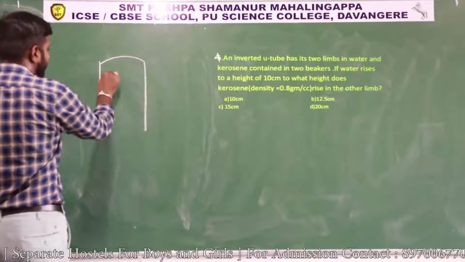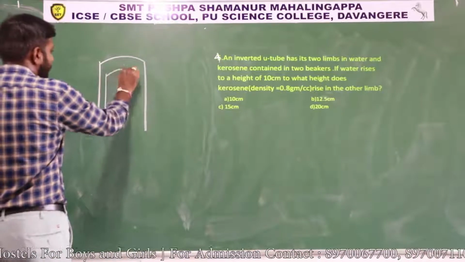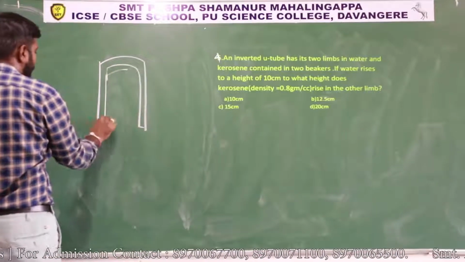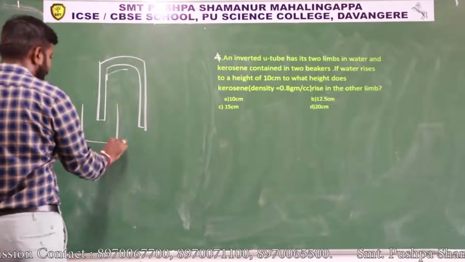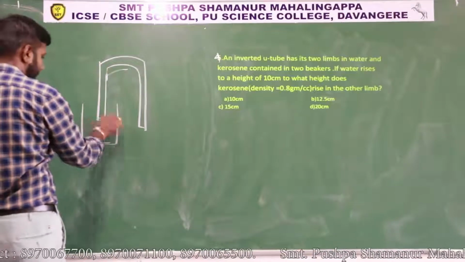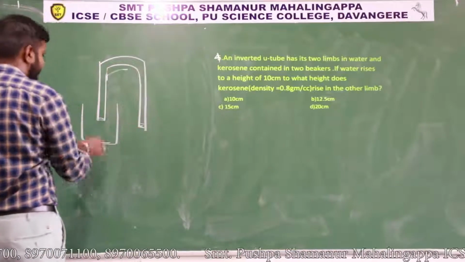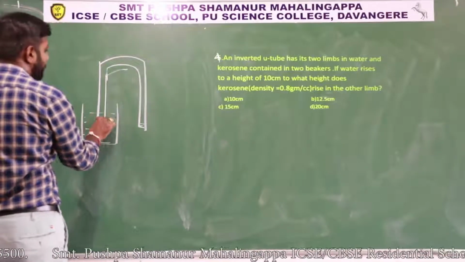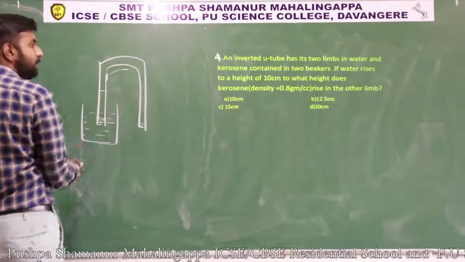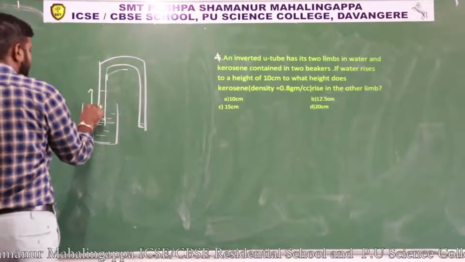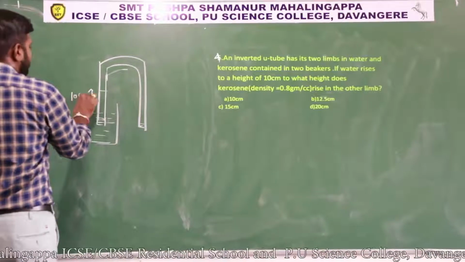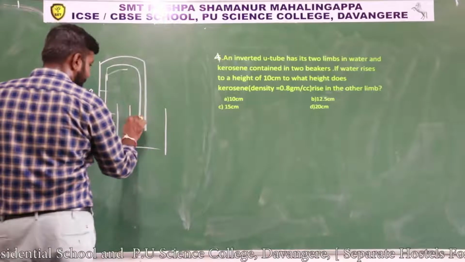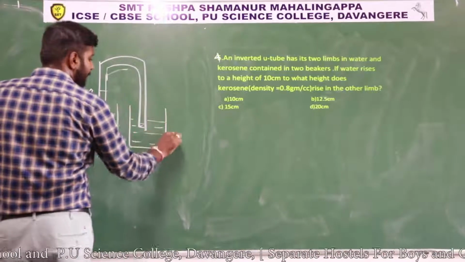A U tube. Like this U tube, let us consider. One limb of this glass U-shaped tube is dipped in water, and the height of the water level on one side is given as 10 centimeter, and the other limb is dipped in kerosene.